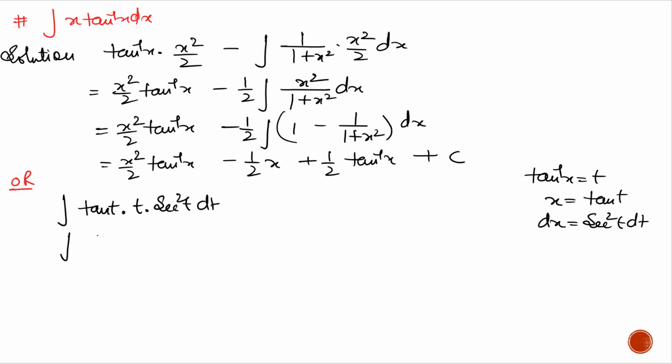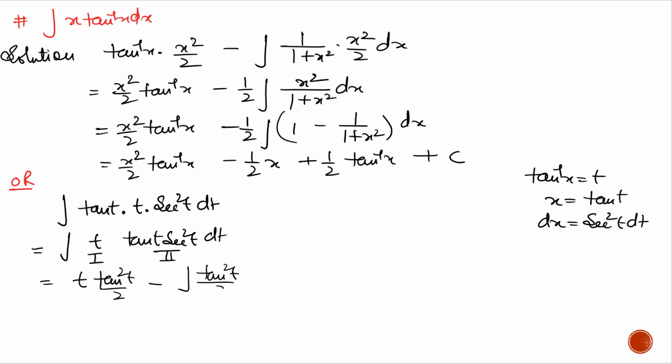Now we will take t as the first function and tan t into sec square t as the second function. When we integrate this, we say t as it is, integration of second is tan square t upon 2, minus derivative of first is 1 and integration of second is tan square t upon 2. And now integrate the second part. Whenever we have tan square t, we will replace it with the formula sec square t minus 1.